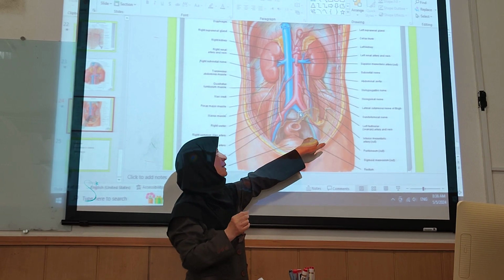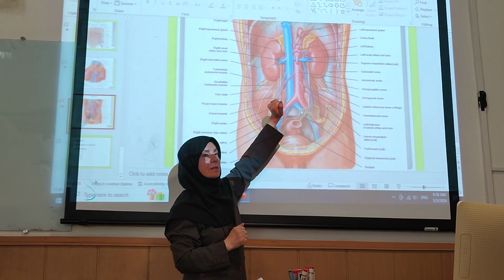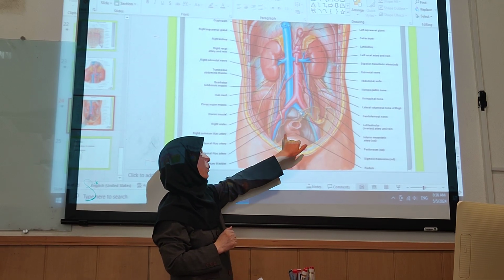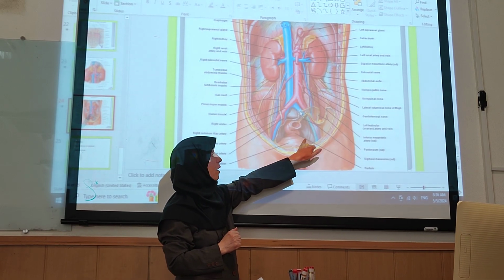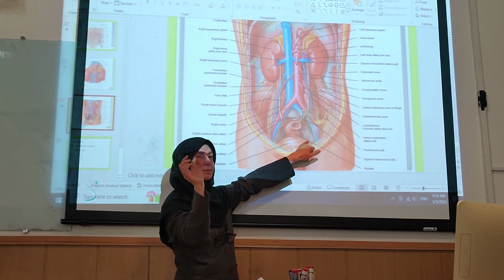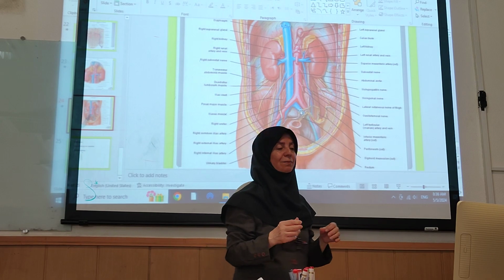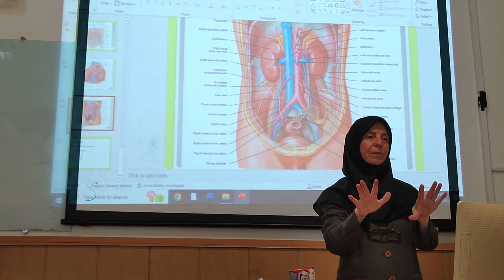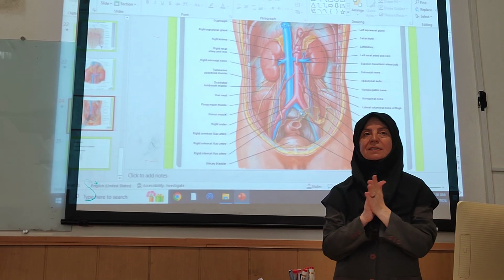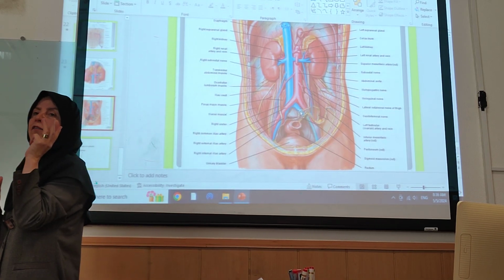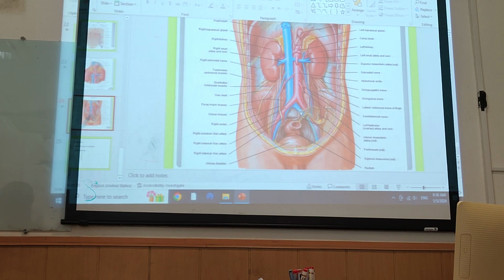A stone that passed through the first narrowing part and the second narrowing part, in the third part, which is the narrowest part of the lumen, it is possible the stone comes here and stops here. So please get in your mind, in three levels, the lumen of both ureters is going to get narrow.